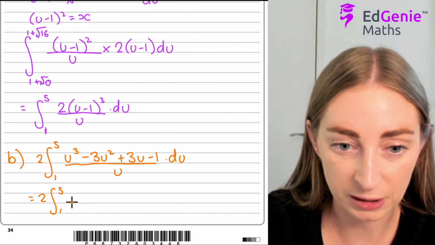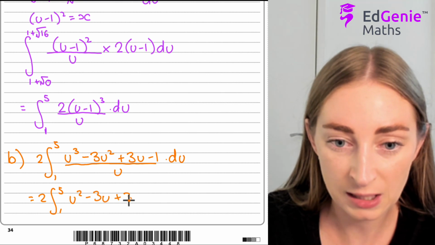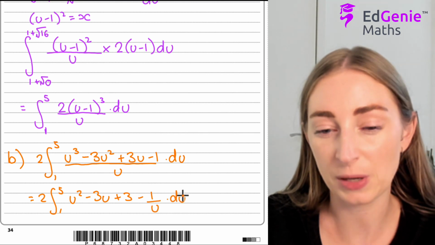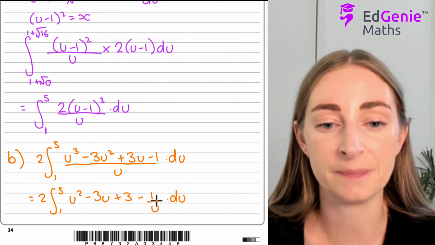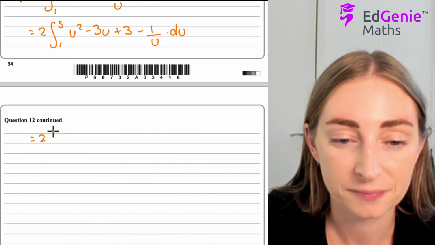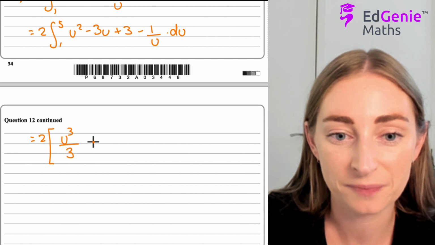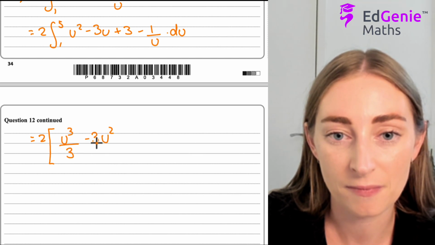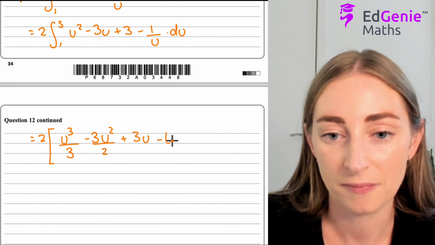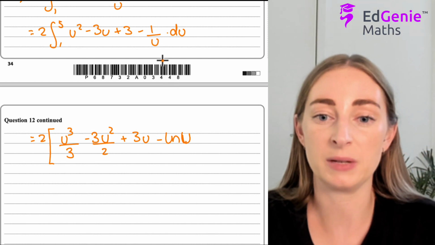U cubed divided by u is u squared, minus 3u, plus 3, minus 1 over u. So that's where we're going to have our ln at the end, isn't it? Right, let's integrate. Add 1 to the power, divide it by the power. Remember, when we integrate 1 over u, that's going to be ln u.